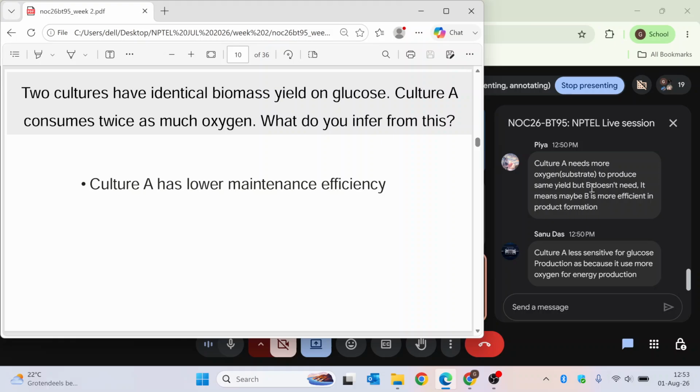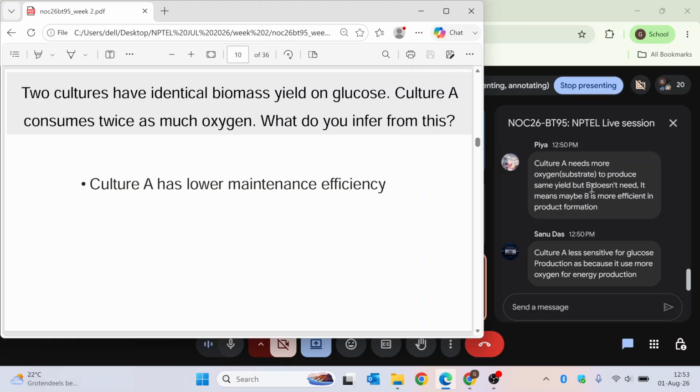The main thing is culture A has lower maintenance efficiency, which means the maintenance demand is more. So more of the oxygen it consumes goes towards the survival of the cell than towards biomass generation or growth. Similarly, there can be some byproduct formation towards which the oxygen consumption is rerouted and not towards the biomass.